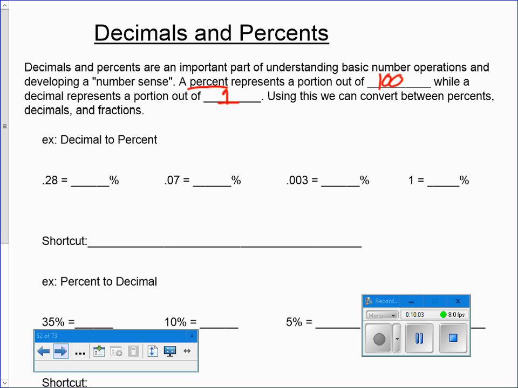Alright, so move decimal to percent. What we're talking about is getting 100 times bigger. So instead of out of 1, we're talking about out of 100. Alright, so instead of 0.28, that would be 28%. 0.07, 7%. 0.003 would be 0.3%. And 1 as a decimal would be 100%.